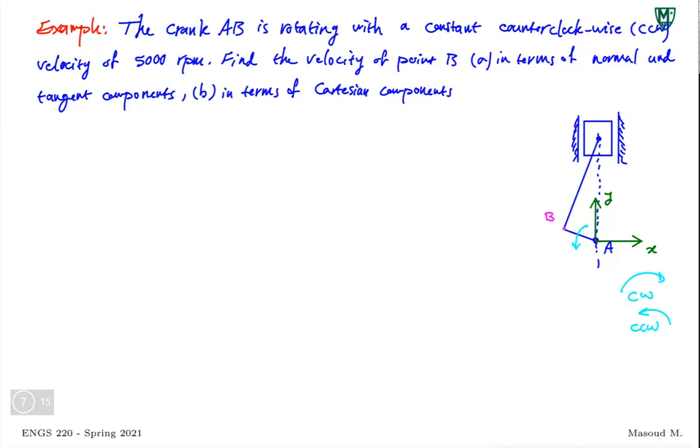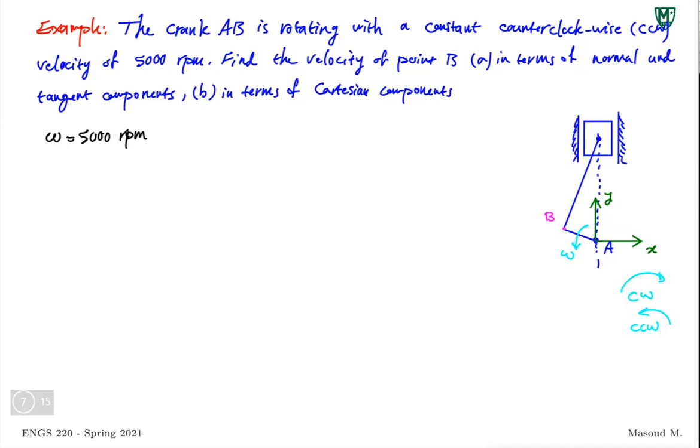So we know that omega, I refer to it as omega AB, since that's for the crank AB, just to identify that. But generally speaking, this is your omega. If naming is confusing, just look at the drawing. So omega is 5,000 RPM.